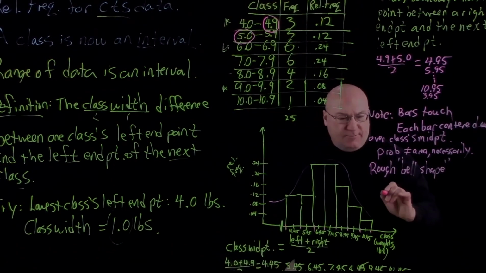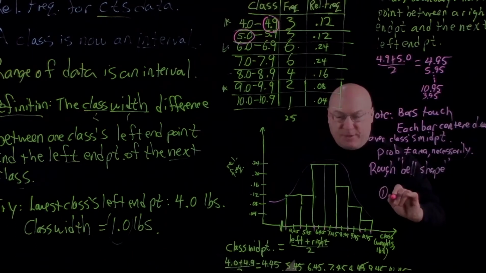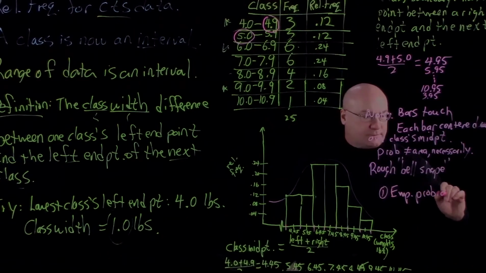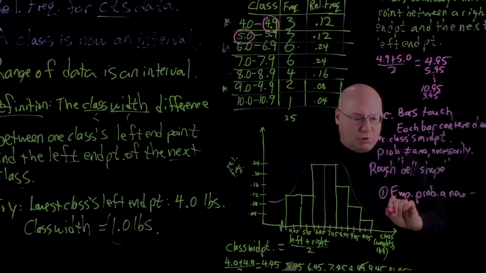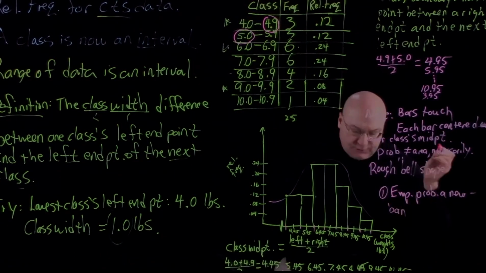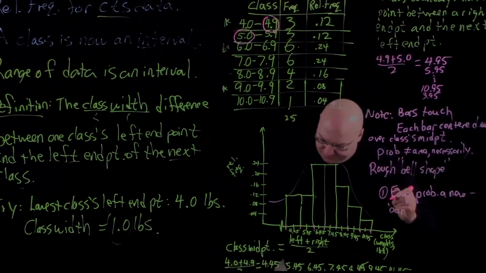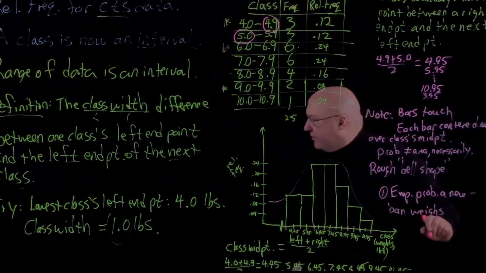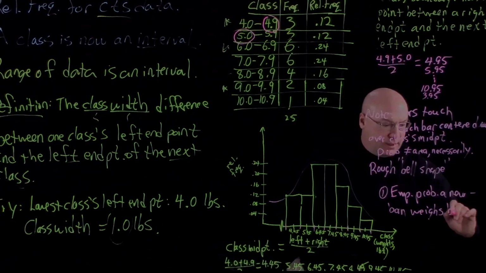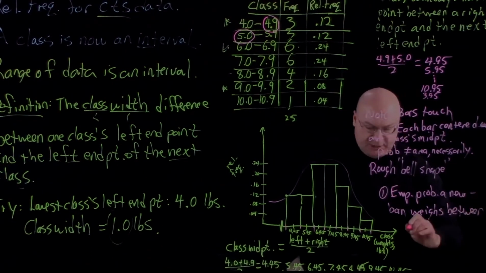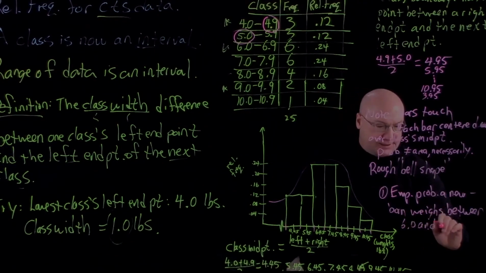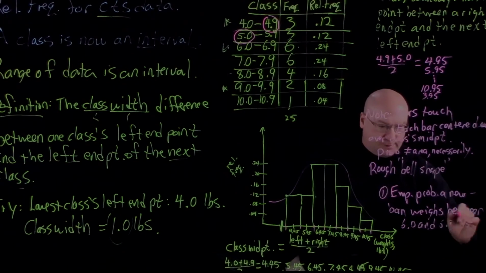Let's try this. Find the empirical probability a newborn chosen at random weighs between 6.0 and 6.9 pounds.